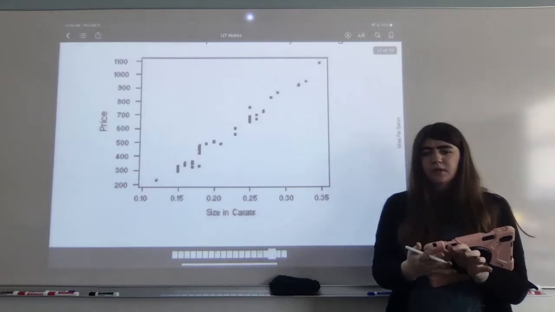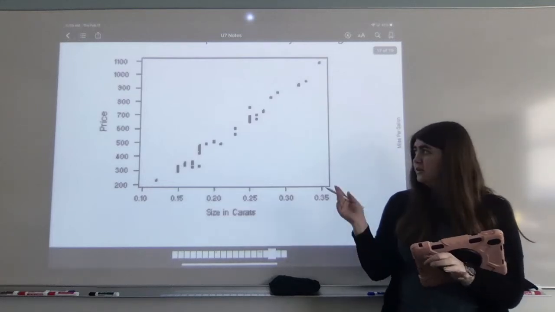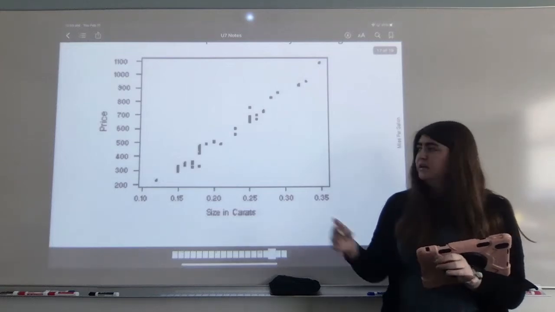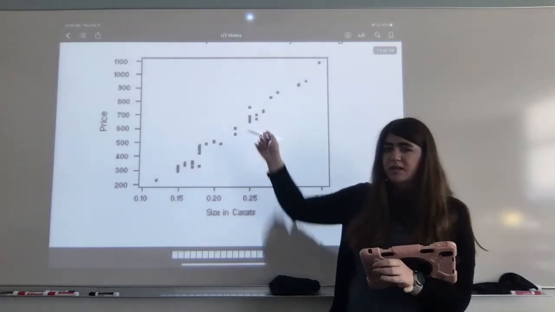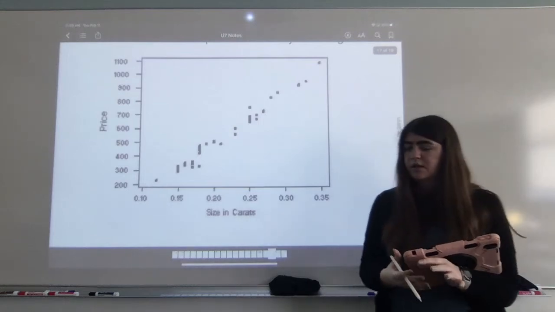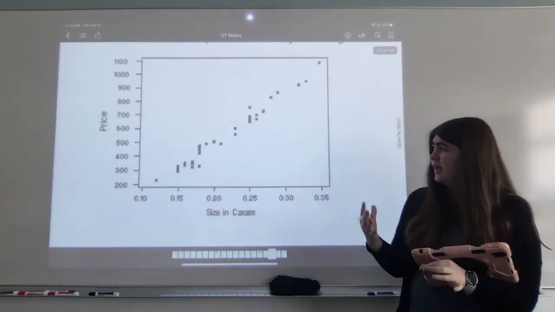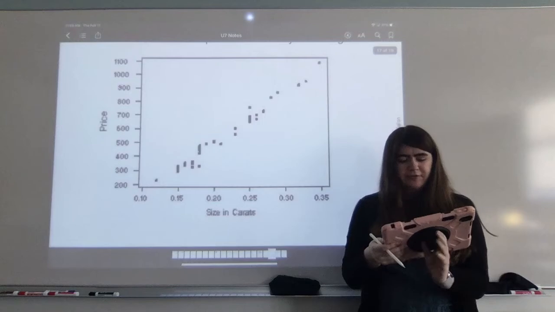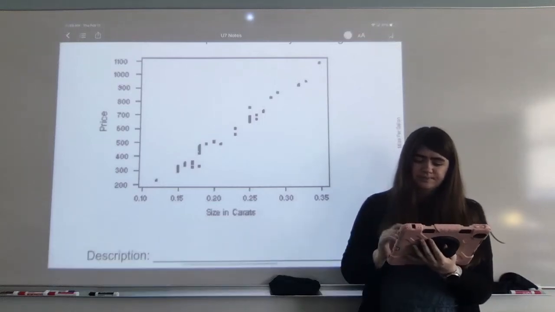So those are the four things that I need to include in my description. The form, it's linear. The direction, it's positive. The strength, it's pretty strong. There's a pretty strong line here, so I'm going to say it's fairly strong. And the outliers, there are none. So now I'm going to format that into a sentence.